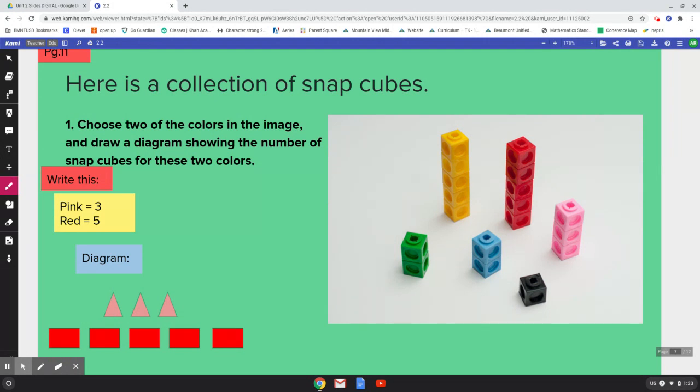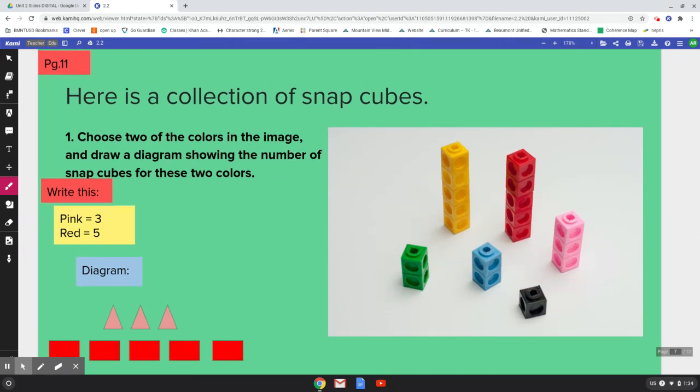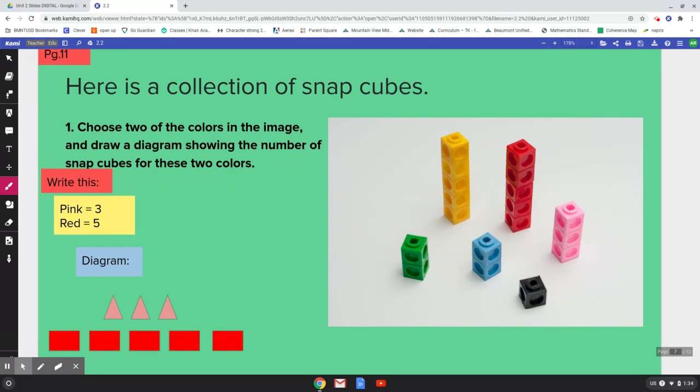Okay, so it says choose 2 of the colors in the image. So I chose the colors for you for this, and I chose pink and red. So under number 1 on page 11, you are writing what you see where it says write this. So I chose pink, and there are 3. I chose red, and there are 5. So now my diagram that I drew was the pink.